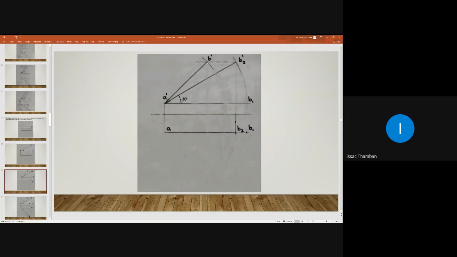Take radius 65 mm because we know that the apparent length in the elevation is 65 mm. Take that radius with A dash as center, intersect on the locus plane and label it as B dash.